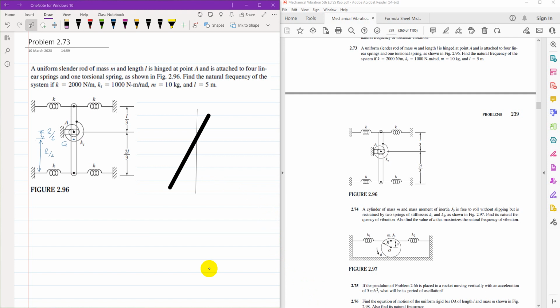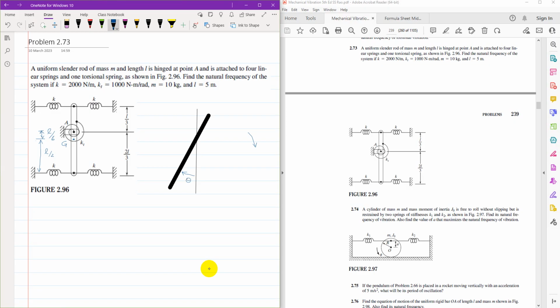and from point A, the distance between the point A and G is 2L over 3 minus L over 2, which comes as L by 6. So I am assuming that the rod has that direction of rotation, and an angle theta is given to it.